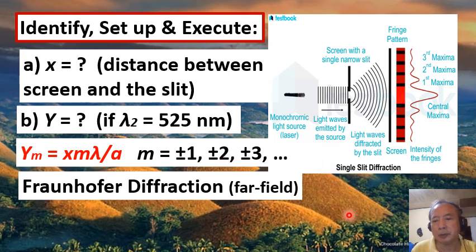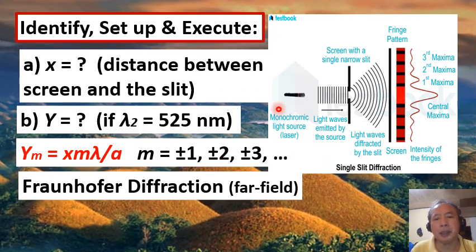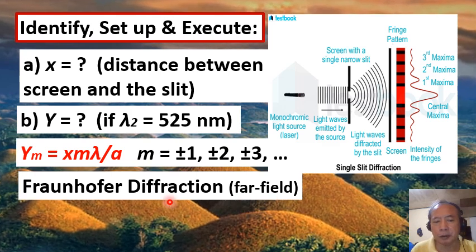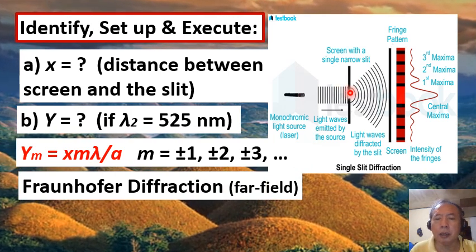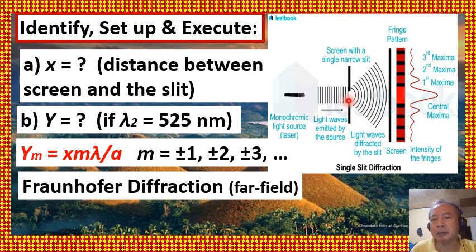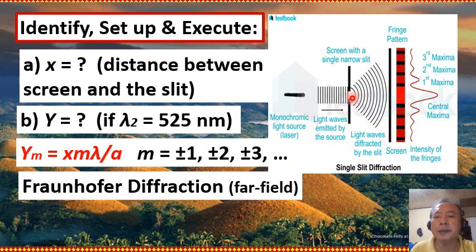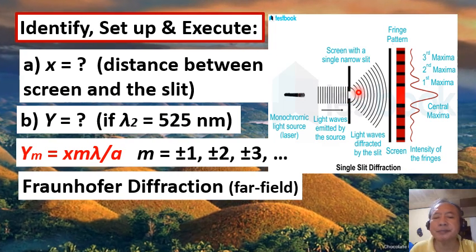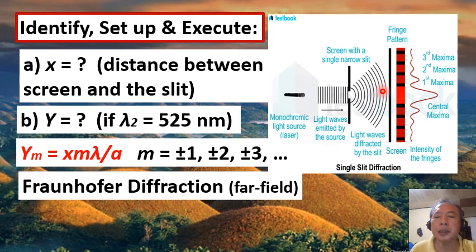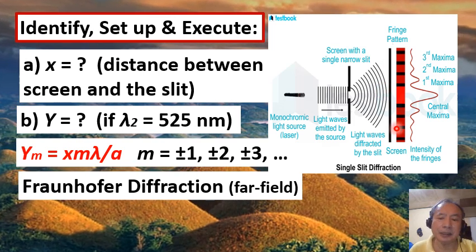And this is the kind of diffraction that we are describing in this problem. This is a case where the rays that are produced as they pass through the slit are assumed to be parallel when they strike the screen.